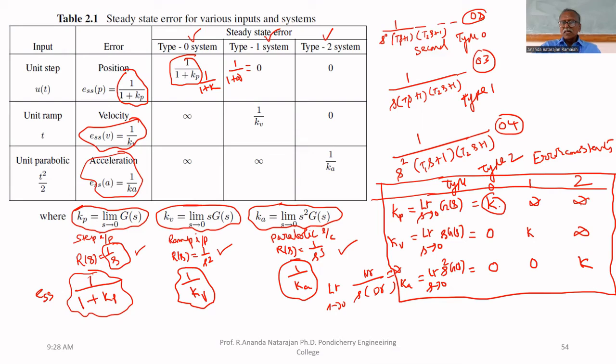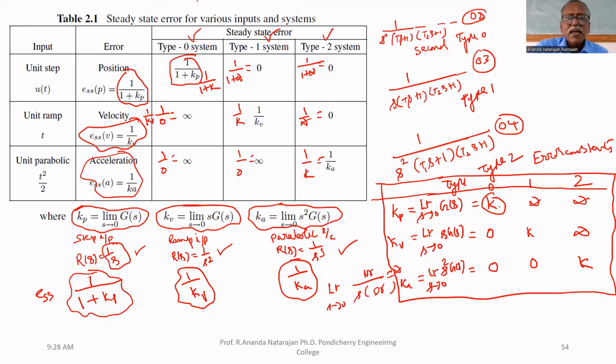Here also the error constant is infinity, so 1 plus infinity, that is equal to 0. Here you are getting 0. The formula is 1 by Kv. If we substitute 0, 1 by 0 equals infinity. Here you will get 1 by K. Here you will get 1 by infinity equal to 0. Here 1 by 0, that's why infinity. That is equal to 1 by K.